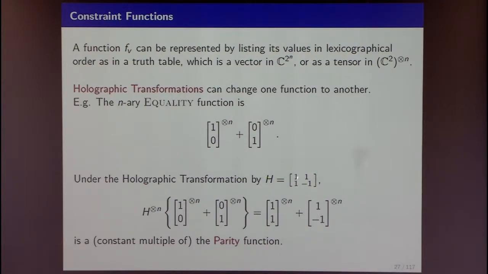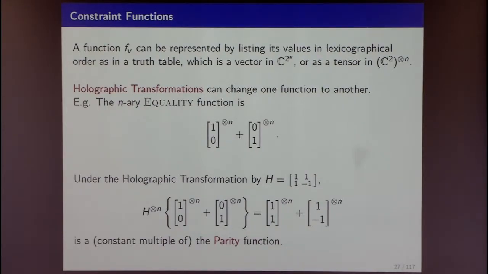So you act this Hadamard matrix to the tensor nth power to this thing. Well, one of the beautiful things about matrix product with respect to tensor product is that you can distribute. Right? So you distribute the H term, and then it becomes H times this to the nth tensor power. Does it make sense? So I have H times 1, 0, which is just the first column, right? And then if I do this to the nth power, this just becomes all 1 things.